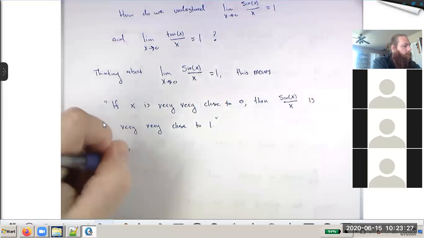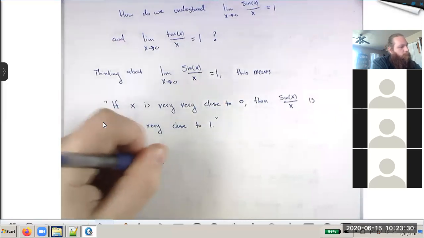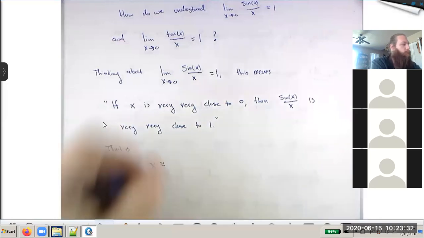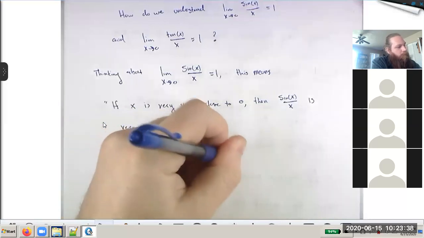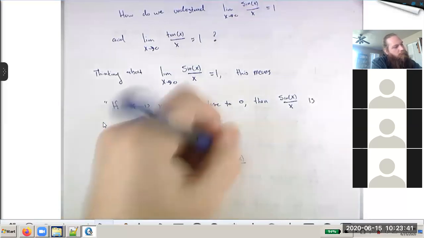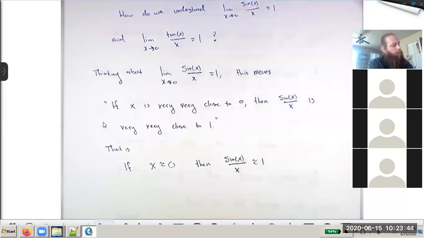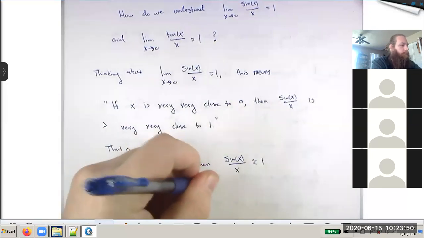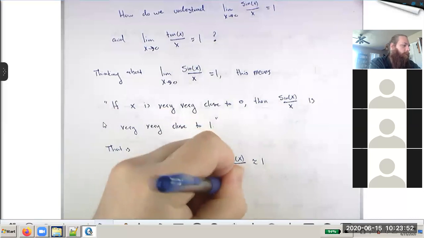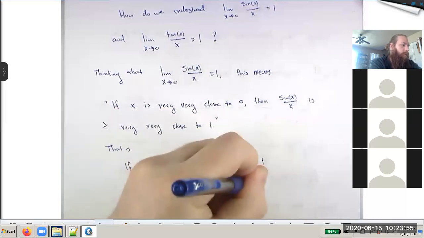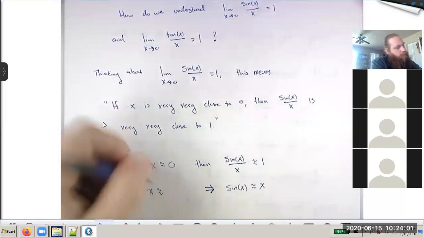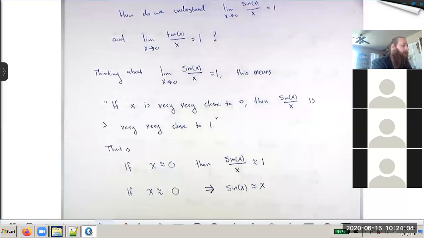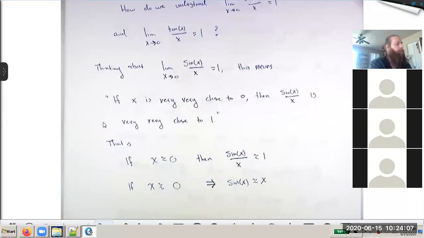If I write this using these shaky equal signs for almost equal to: if x is almost equal to 0, then sine x over x is almost equal to 1. And if you multiply both sides of this relation by x, this is the same as saying if x is very, very close to 0, then sine x is very, very close to x.